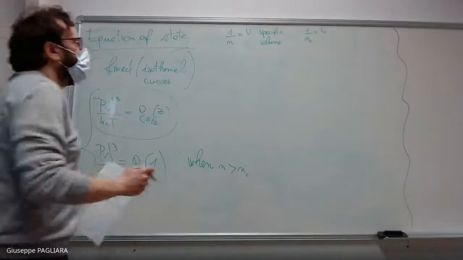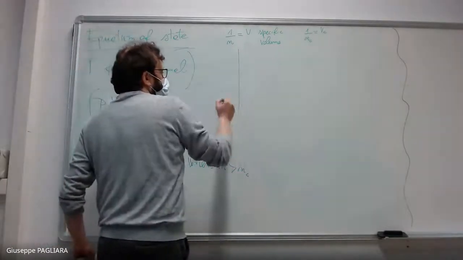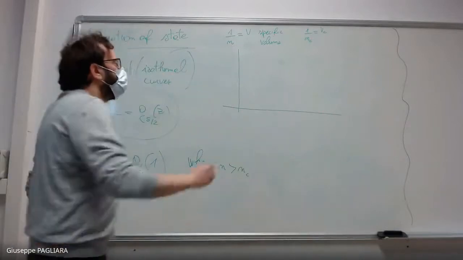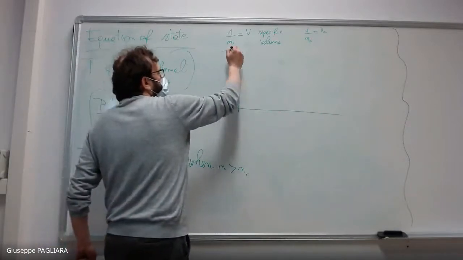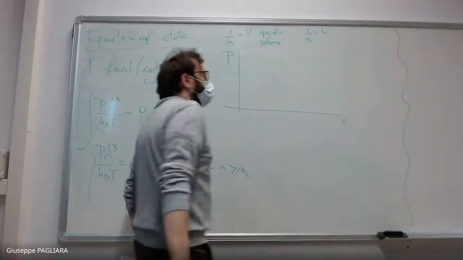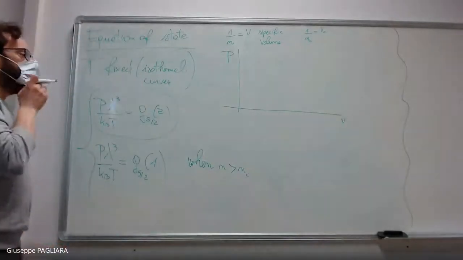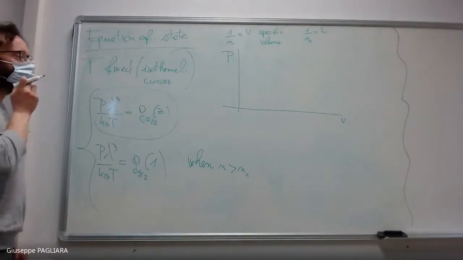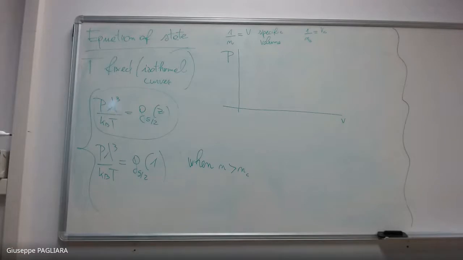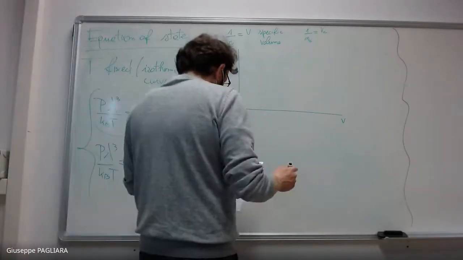So what I want to plot now is the standard plot in the PV diagram, but instead of making a PV diagram, I will make a P versus specific volume diagram. And now let's make a plot of two curves at two different values of the temperature. And the result will be something like this.